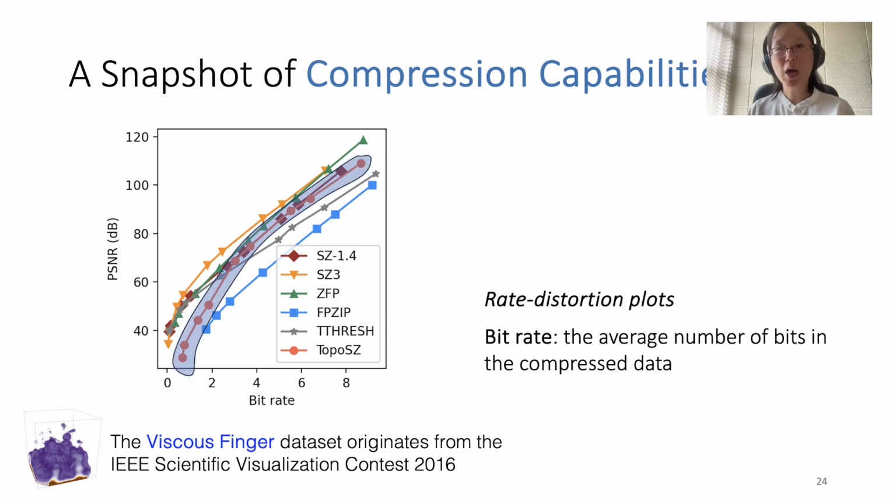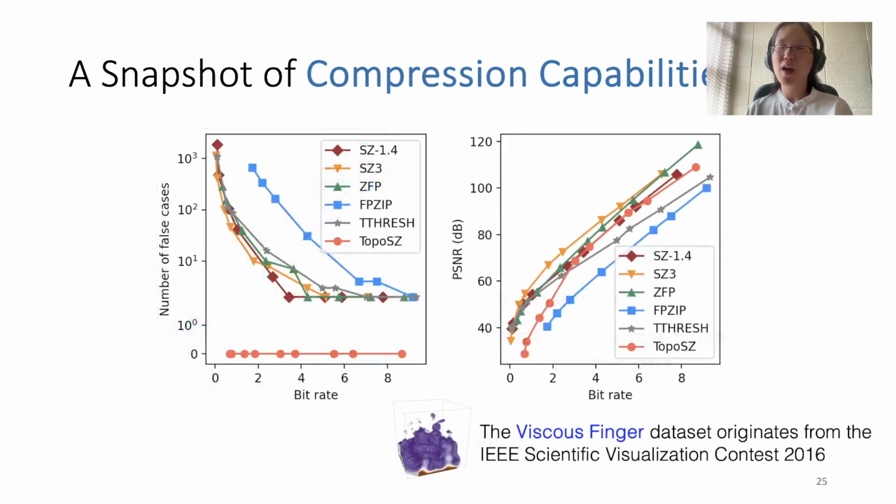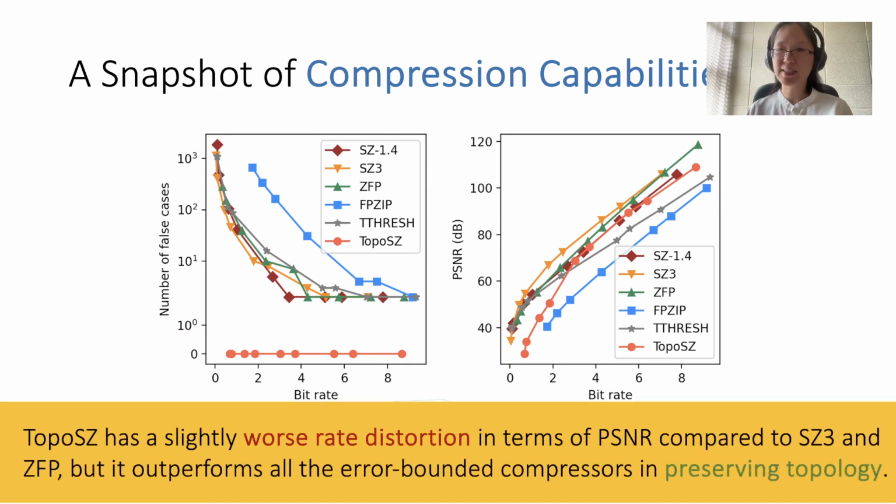We can see our TopoSZ does not have the best rate distortion performance in terms of PSNR, but it is still comparable among state-of-the-art lossy compressors. According to these two rate distortion plots, TopoSZ has a slightly worse rate distortion in terms of PSNR compared to SZ3 and ZFP, but it outperforms all error-bounded compressors in preserving topology.